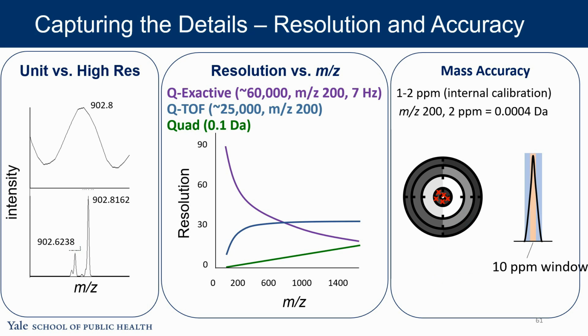Resolution and mass accuracy have to go hand in hand, because if you can't separate out the molecules, it's going to throw off the mass, and so throw off your mass accuracy. Assuming we have good resolution and mass accuracy, we would be in the center of this target.